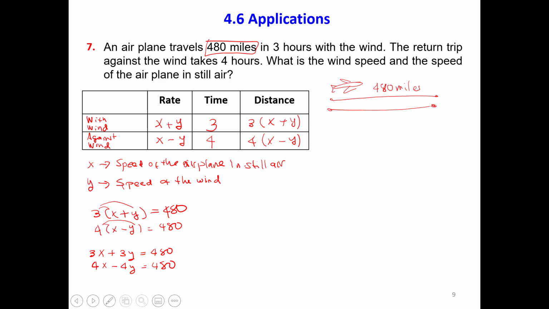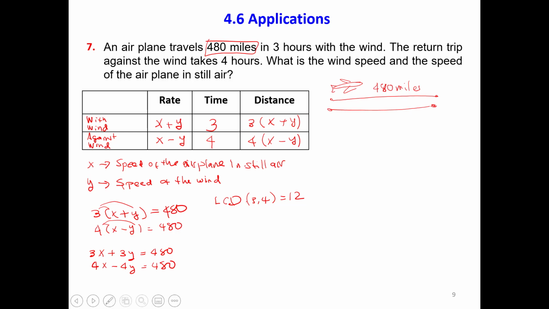The LCD is the number we want here to eliminate y. To get opposite y terms, we need to multiply by the LCD of 3 and 4, and the LCD is 12. Then we want to get 12 here and 12 here, because in this way, when we add the equations together, we can eliminate y.